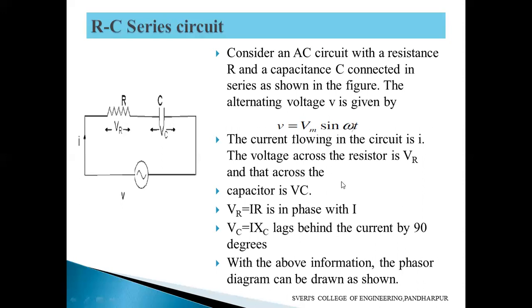The voltage across resistor VR is in phase with current I, and VR equal to IR.